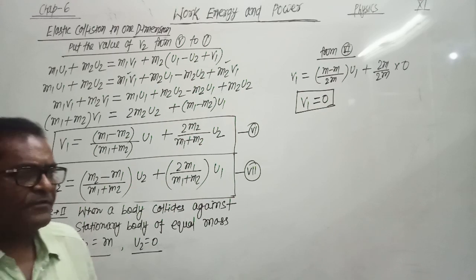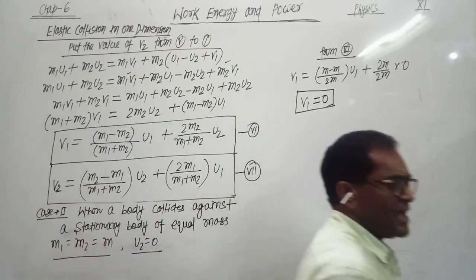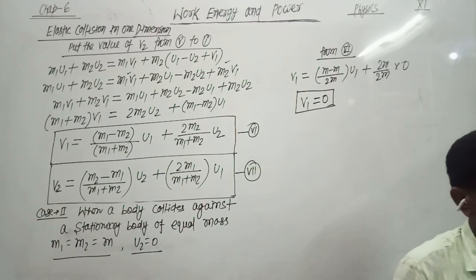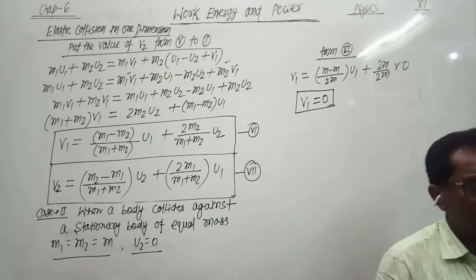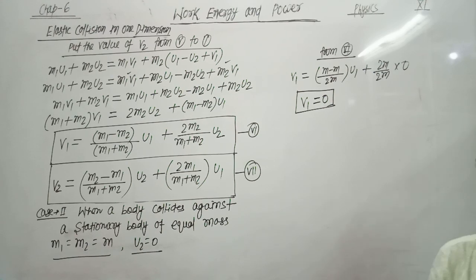So if a body of mass m moving with velocity u1 collides with another body of the same mass, but the other body is at rest, meaning u2 equals 0, then after collision body A comes to rest.